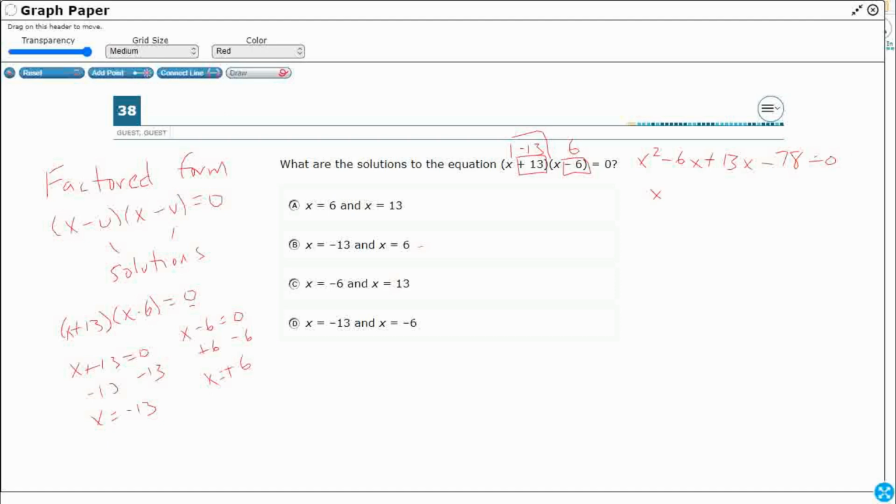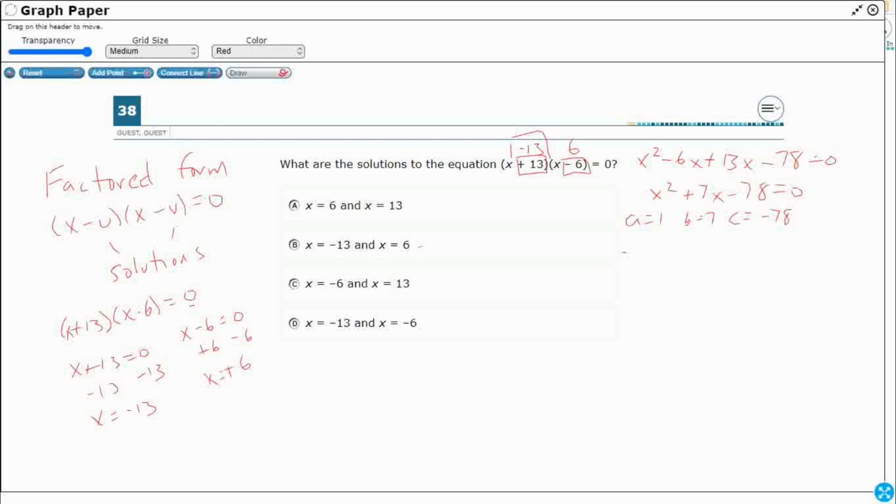So now we get x squared plus 7x minus 78 equals 0. And then we can do our quadratic formula. So that's our a equals 1, b equals 7, c equals negative 78.